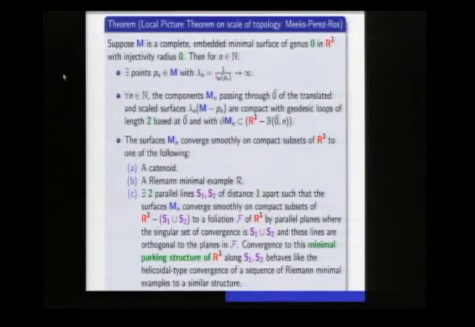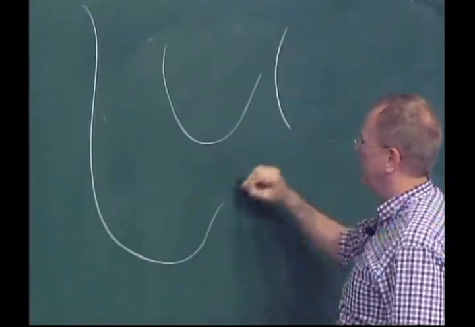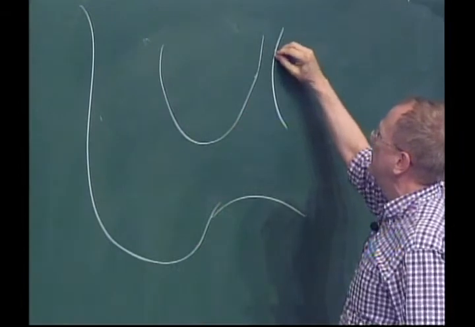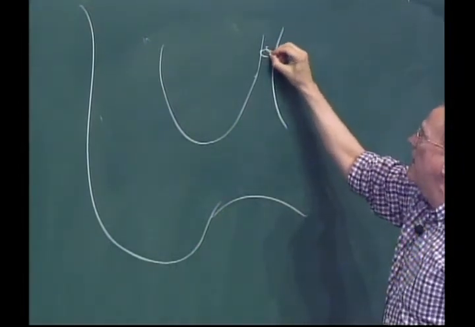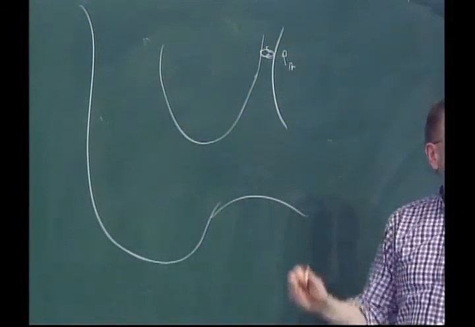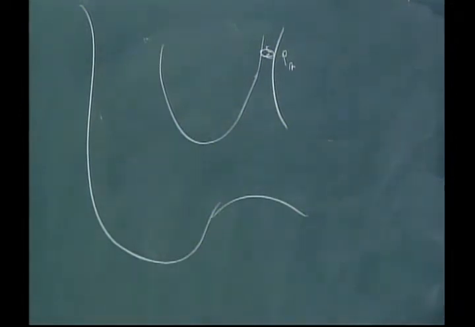Let me draw a picture. Okay, so we have our surface in space, whatever it is, genus 0, but we have these loops. So we have Pn, and at Pn we have our short loop. Remember, a minimal surface in R3 has non-positive Gaussian curvature.